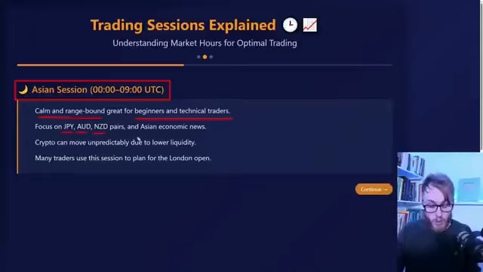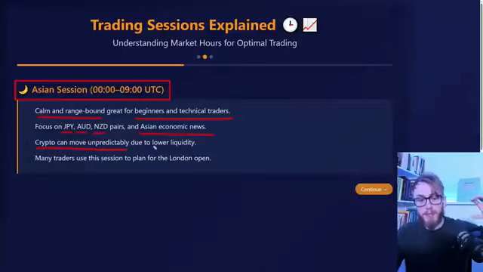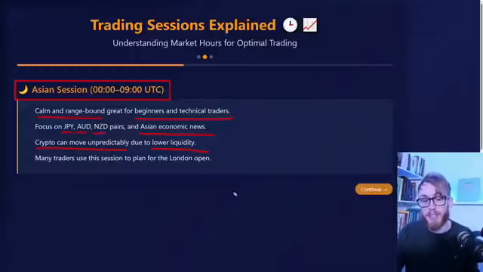And if you are more on the fundamental side and trade news, you can of course trade Asian economic news. Also, during this time, crypto can move a little bit unpredictably because we have lower liquidity in the market.